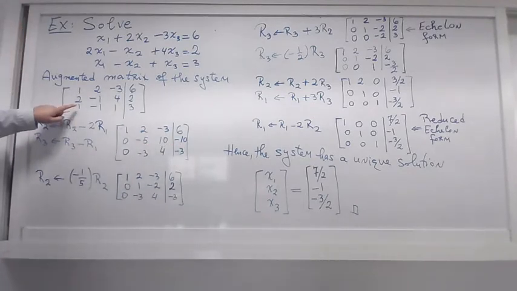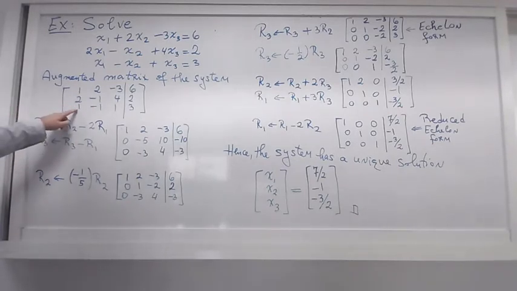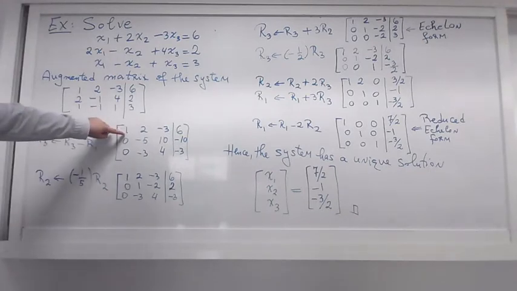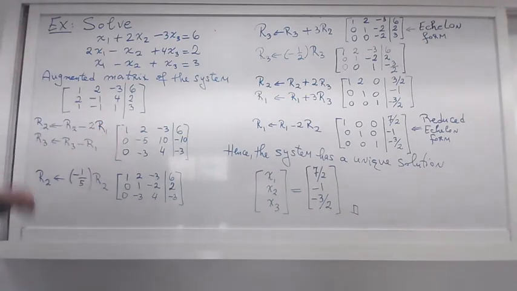We need to produce 0 also in the third row, first entry, so this will happen when you do row 3 minus row 1, we get these numbers. Now we are all happy, we have our leading entry with zeros below.